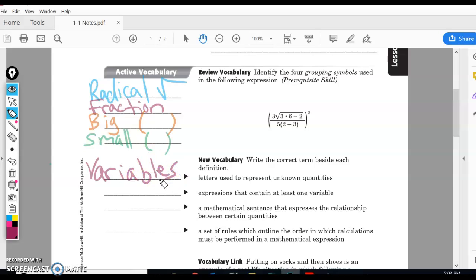We usually use X, Y, A, B. Next, expressions that contain at least one variable are called algebraic expressions. Next one, a mathematical sentence that expresses the relationship between certain quantities. That is a formula.